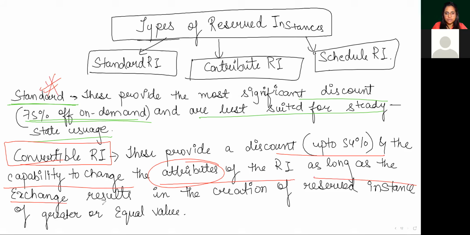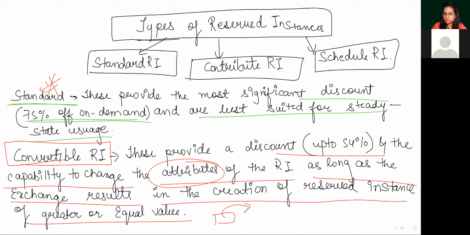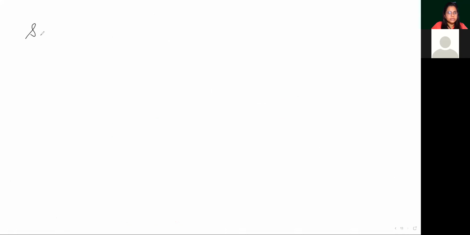You can either increase the size of the reserved instance or keep an equal size. If you create a lesser one, it is not possible. The attribute should increase the capacity of the EC2 instance or keep the same value, but you can't decrease the capabilities. Getting it? Yeah.